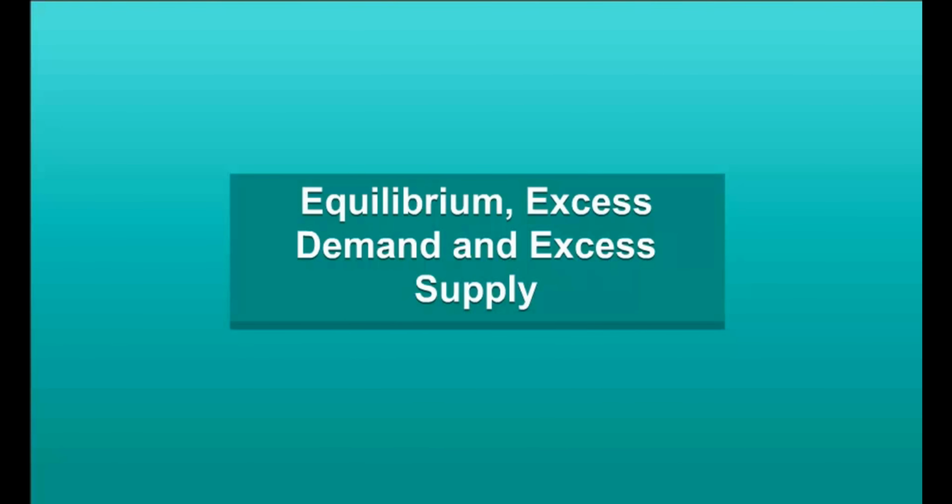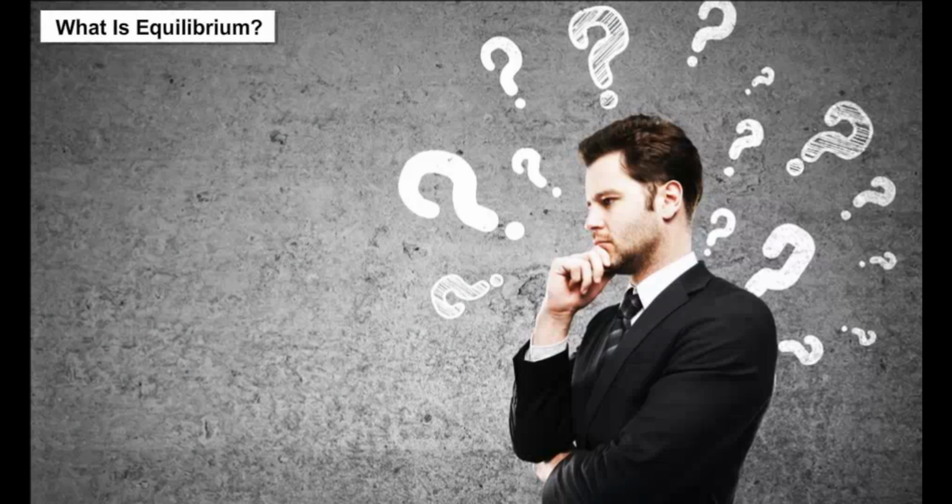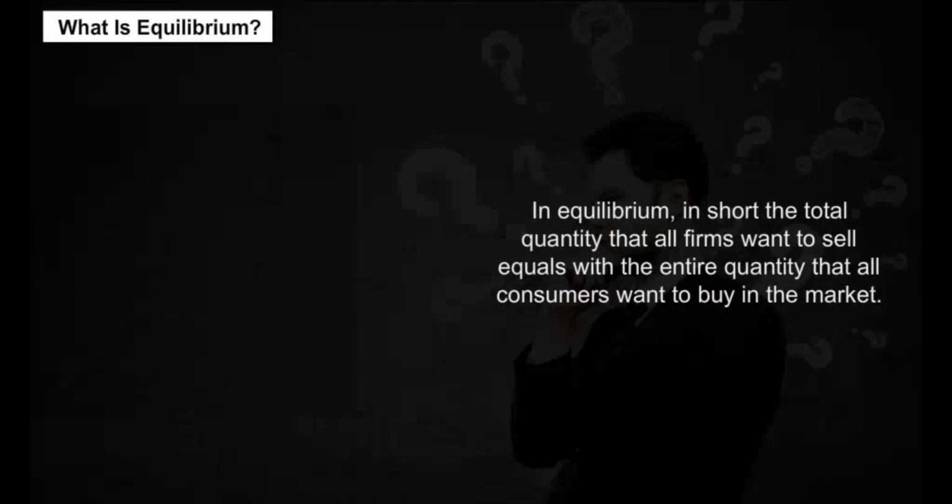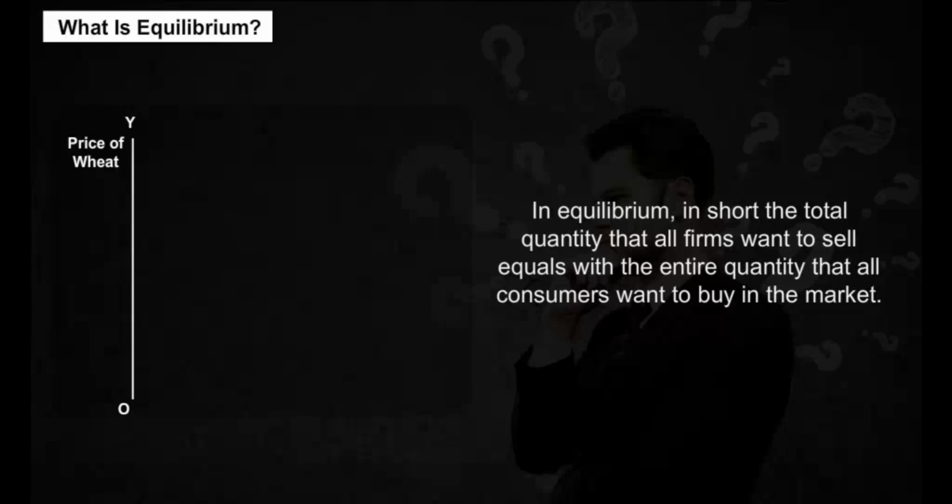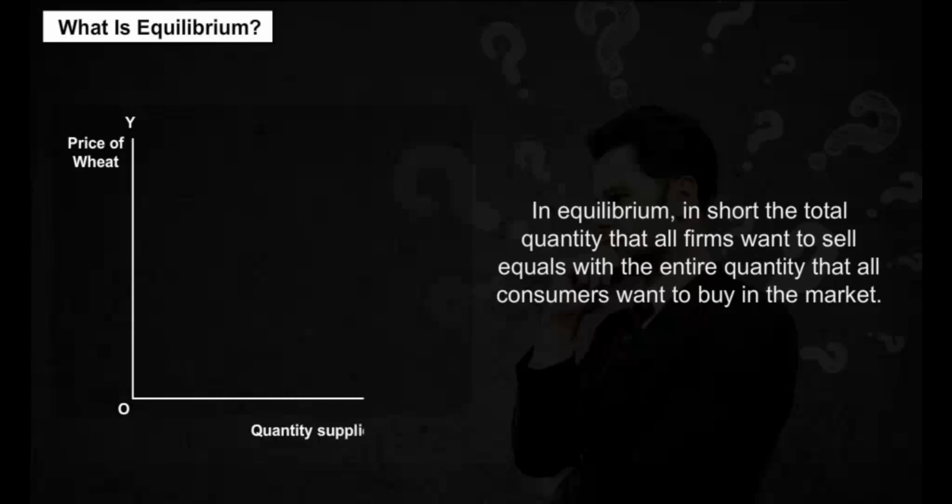Equilibrium, excess demand and excess supply. What is equilibrium? In equilibrium, in short, the total quantity that all firms want to sell equals the entire quantity that all consumers want to buy in the market.